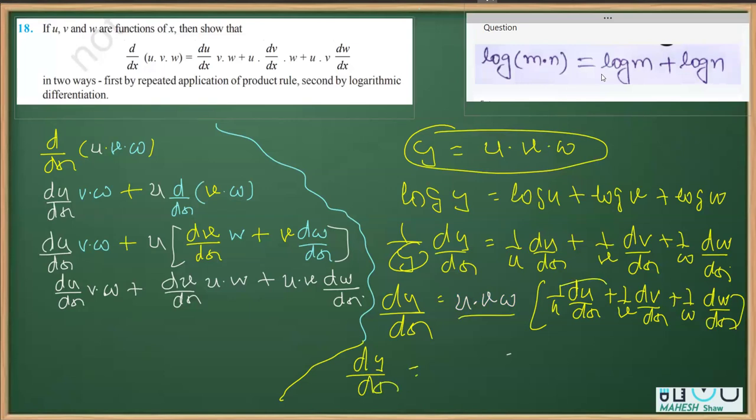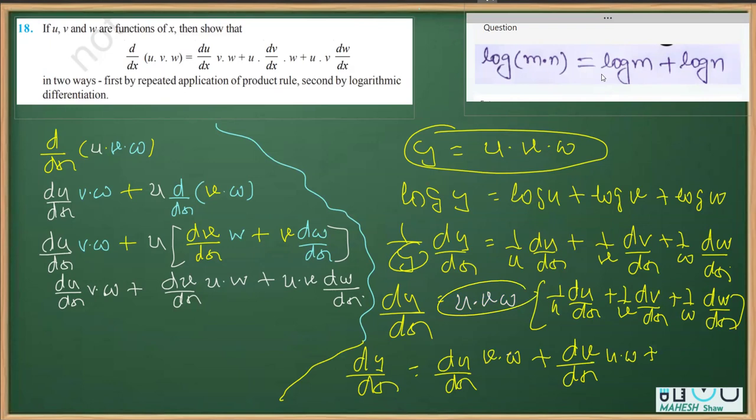When I multiply this with the first term, u and u will get cancelled. So we'll get du by dx times v·w. Similarly, when I multiply this with the second term, v and v will get cancelled, and we get dv by dx times u·w.